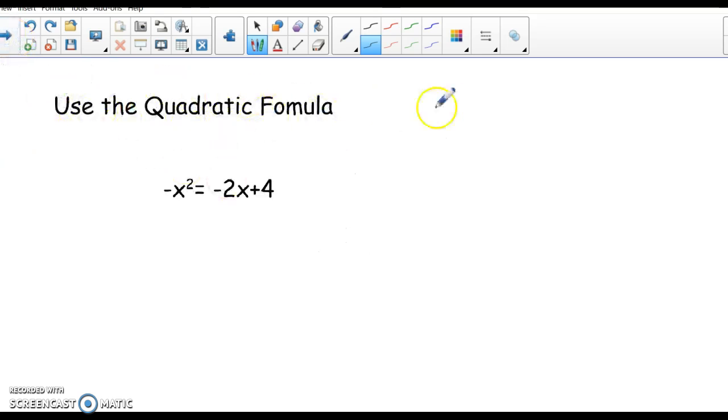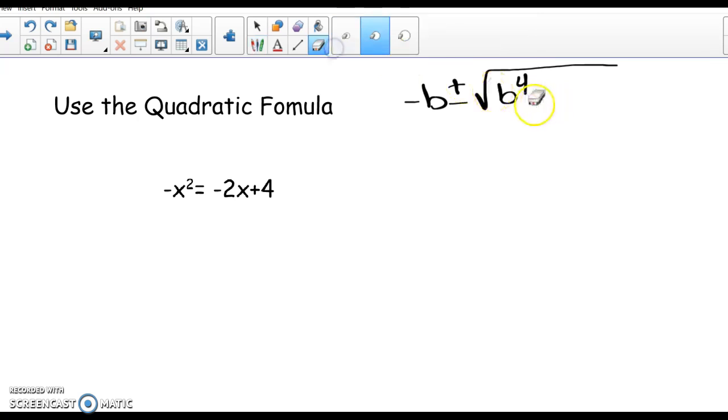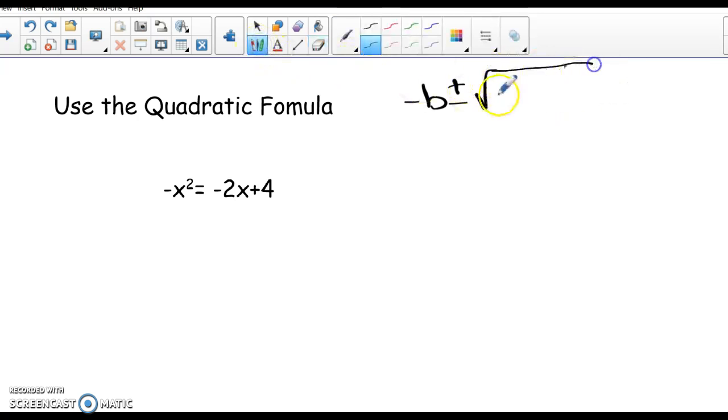For this one, using the quadratic formula. On the board in the room, you will have the quadratic formula written so that you can plug everything into the quadratic formula. This is your quadratic formula here, negative b plus or minus the square root of b squared minus 4ac all over 2a. The first thing I need to do is set it equal to 0.